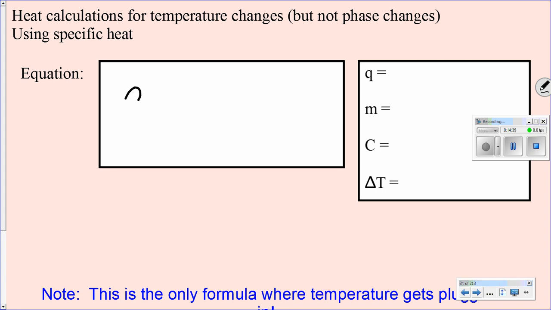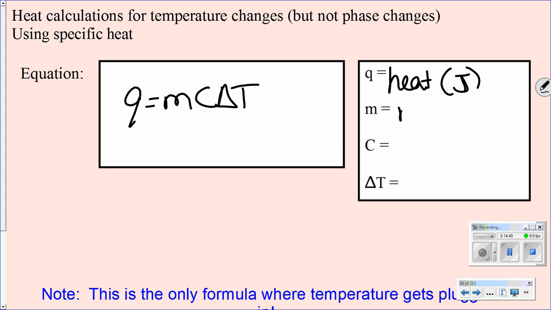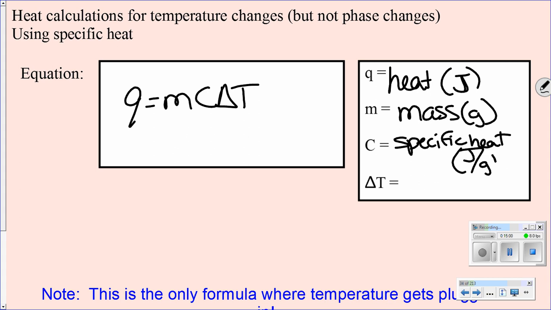So our calculation here is a little bit more involved. We still have heat in joules, mass in grams. C stands for specific heat capacity, again in joules per gram Kelvin.